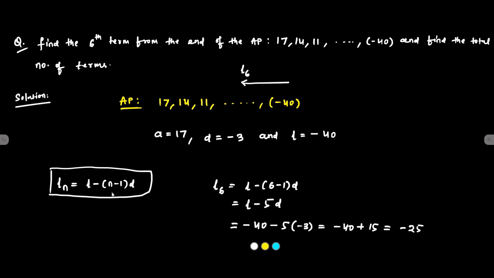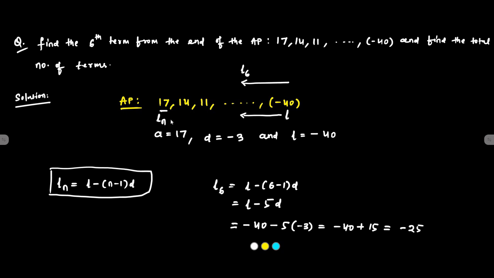So if we count the total number of terms from the end, this is the last term, and if we proceed from right to left, this will be the first term of the AP, it will be the last term from the end.